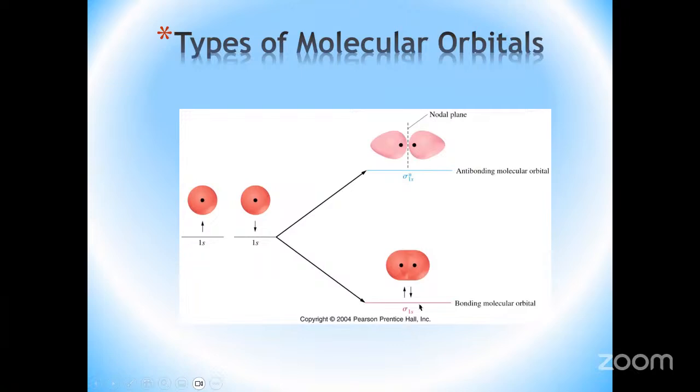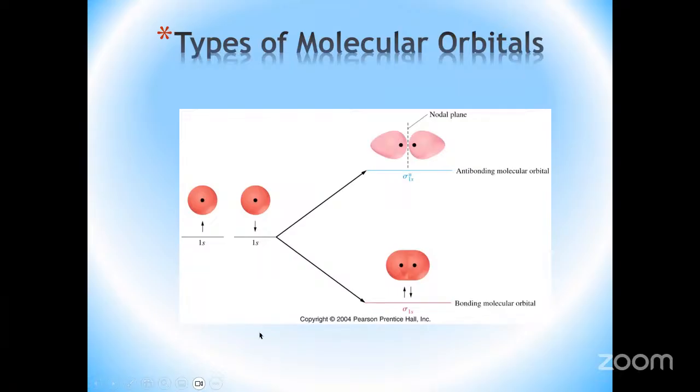Sigma 1s meaning that the molecular orbital is formed from the 1s orbitals, all right? And this orbital here, which is the anti-bonding molecular orbital, we call the sigma star 1s orbital, right? The star here indicates that the orbital is anti-bonding, all right? So that's what happens in the case of two hydrogen atoms coming together.